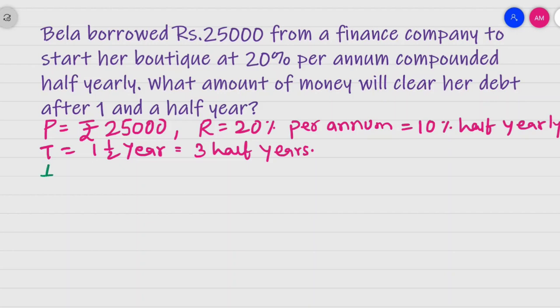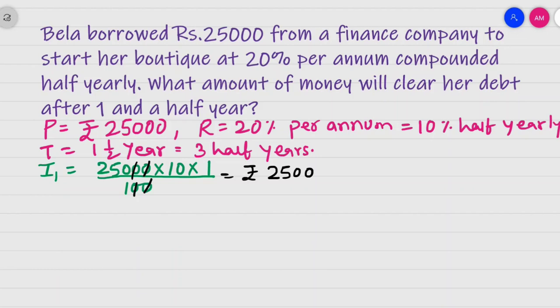So first let us find out the interest for the first half year. 25,000 multiplied by rate is 10% half yearly, so 10 into 1, because every time you have to calculate for one term only, divided by 100. So the zeros cancel. 250 into 10, here it is rupees 2500.